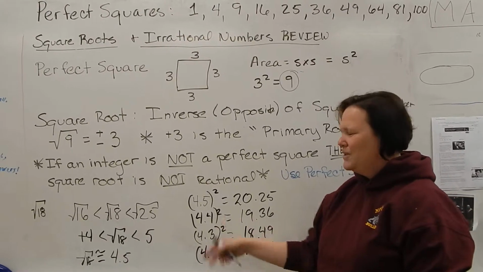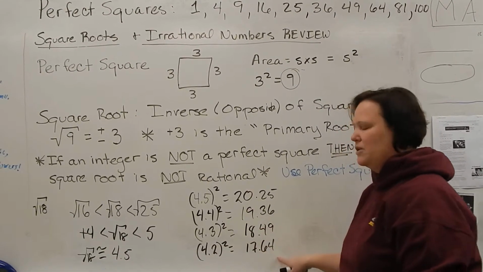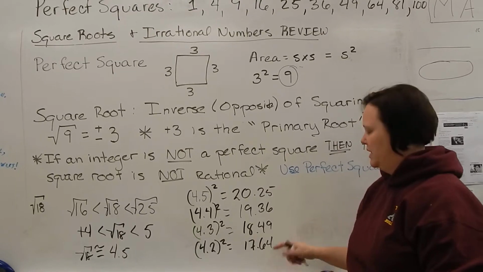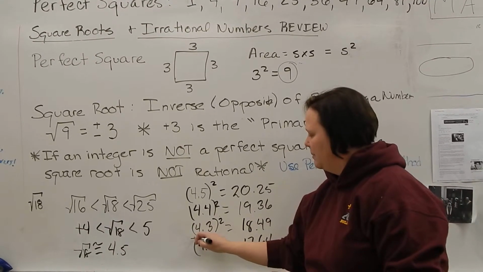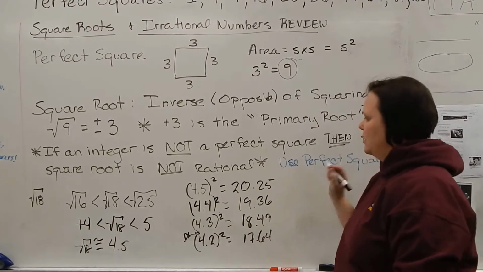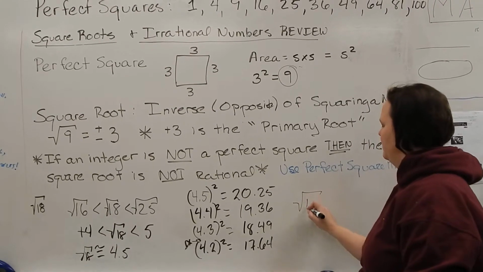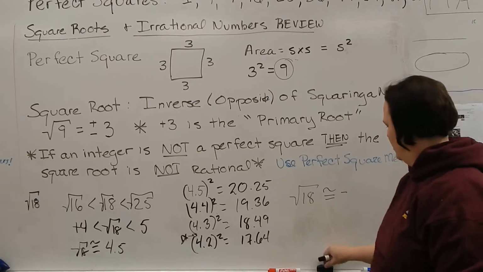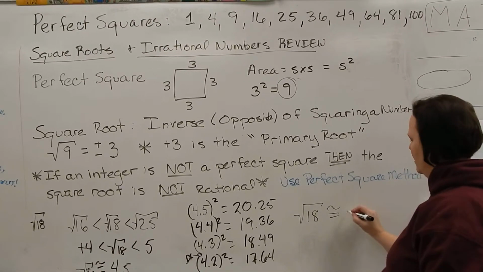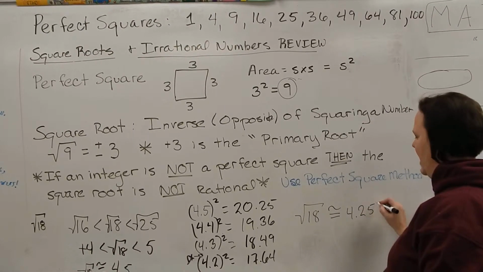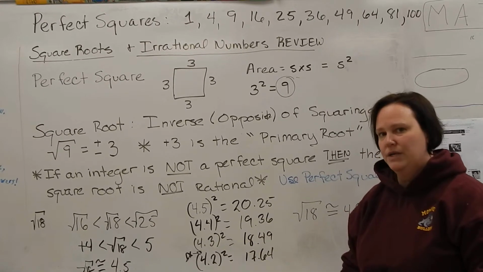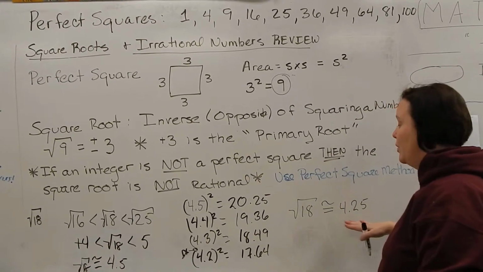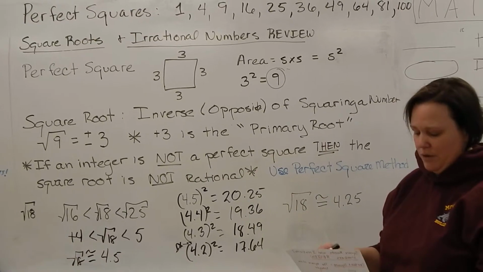And I know 4.2 is a little bit too small because when I square it, it's only 17.64. So the real number is going to be somewhere right here in the middle. So my better estimate is that the square root of 18 is about equal to, not negative, about equal to 4.25, because that's the number in between 4.2 and 4.3. And you could keep going, but that's as far as I have you going there.